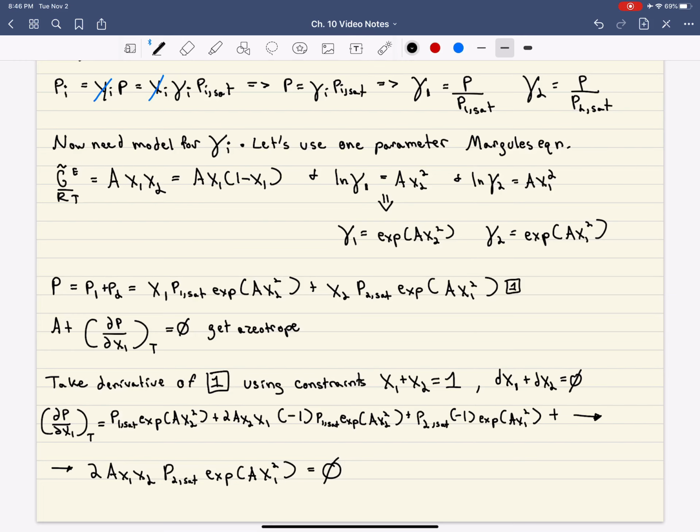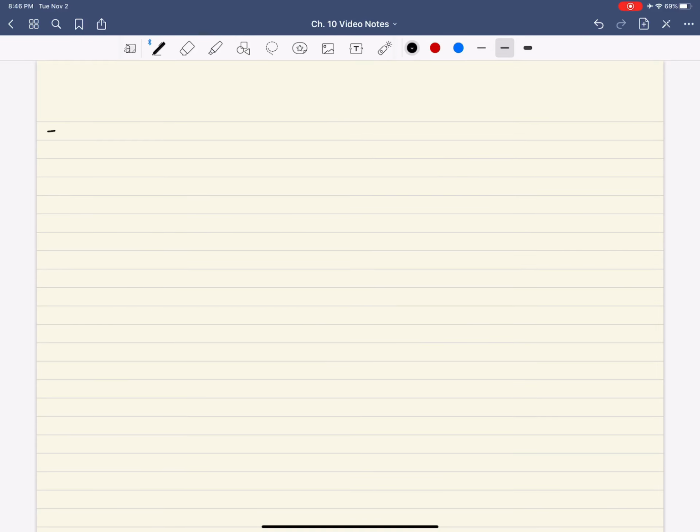And it's not clear what we learned so far. But if we go through some algebra, we could actually simplify the equation into this form, where P1 sat exponential of a x2 squared plus P2 sat exponential of a x1 squared, close brackets.